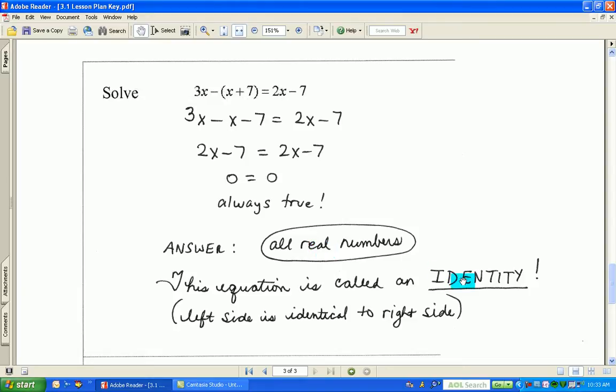And the equation itself is classified as an identity. Anytime an equation is an identity, the solution set will be all real numbers. And the reason that identity term is used is, look up here, the left-hand side is identical to the right-hand side. The solution set of an identity is all reals.